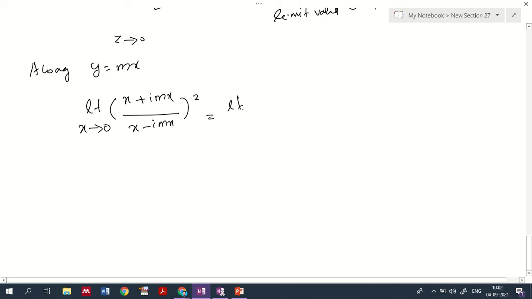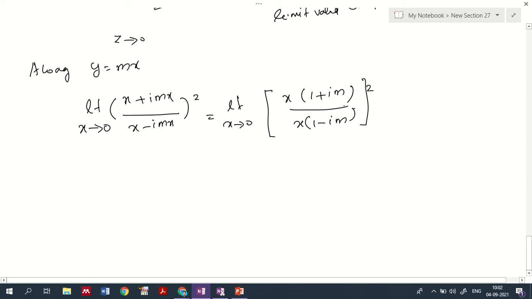So that is limit x tends to 0. If I take x outside, (1 plus i m) divided by x into (1 minus i m), and the whole square will be there.